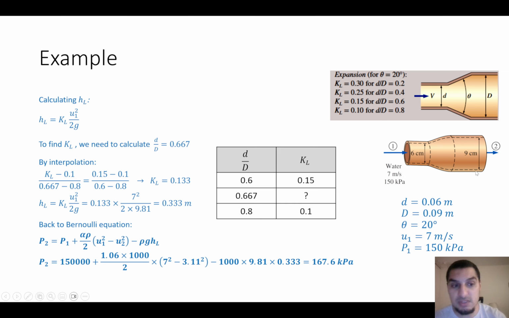The kinetic energy is transferred into pressure. So pressure increased because of the decrease in the kinetic energy, and there are some losses as well, but the increase due to the conversion of the kinetic energy into pressure is more than the decrease due to the losses.